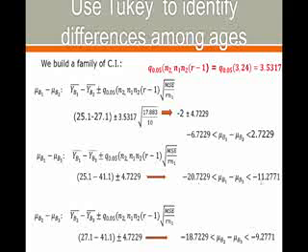I find from minus 20 to minus 11. 0 is not in the interval, so the two means are different. Again, for B2 and B3, 0 is not in the interval, that means mu B2 and mu B3 are different. From what I have here, B3 is different from B1, B3 is different from B2, but B1 and B2 are not significantly different. Not all the means were significantly different.